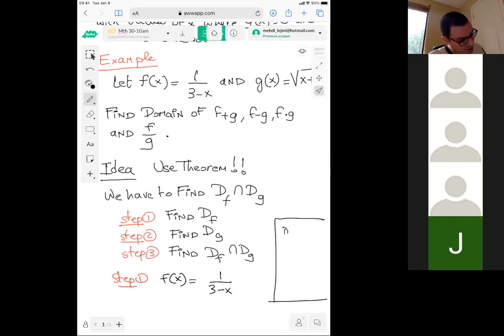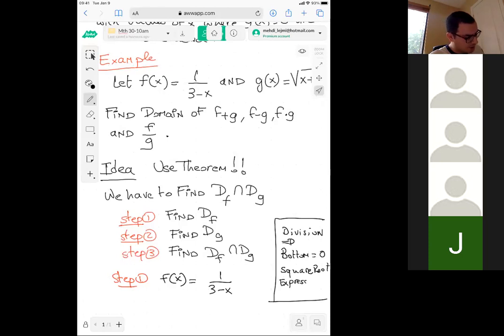If you have division, you have to solve the denominator equal to 0. And if you have a square root, then all you have to do is solve the expression under the square root larger or equal to 0.